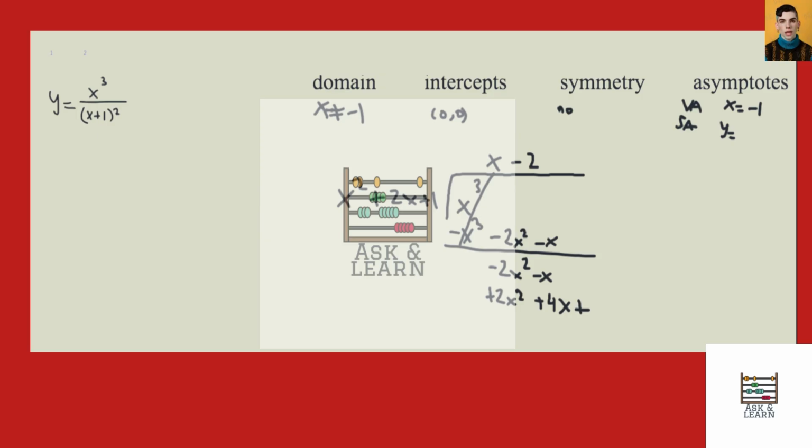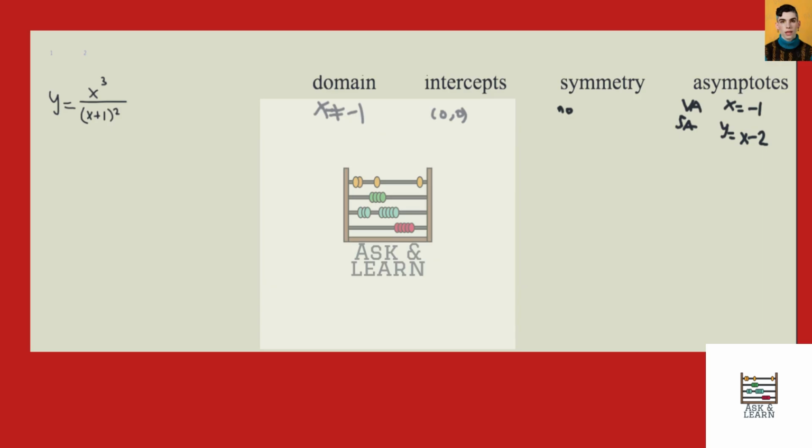But we have to switch the sign, so positive 4x. And then positive 2. We see that this cancels out, and the next term we would have in line would be the x, but x squared has a higher power than x, so we're done with our division. We'd get a remainder, obviously, but this is the important part that we need right now. X minus 2 is our slant asymptote.